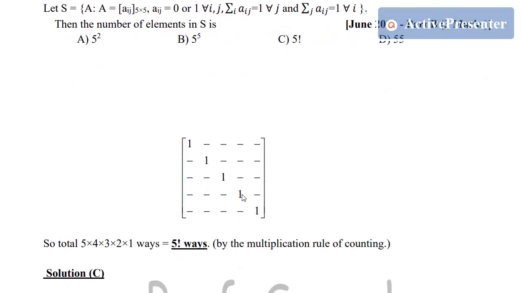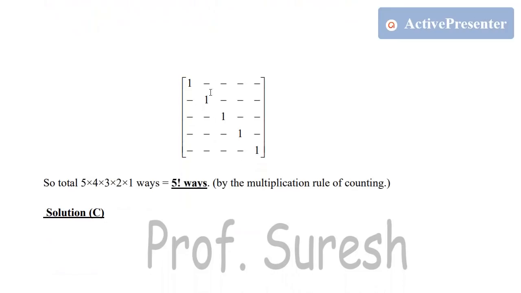See here, consider like an identity matrix. Suppose I put 1 in the first row, I have 5 choices because I can put it in any place. This 1 can be here or here or here or here or here.